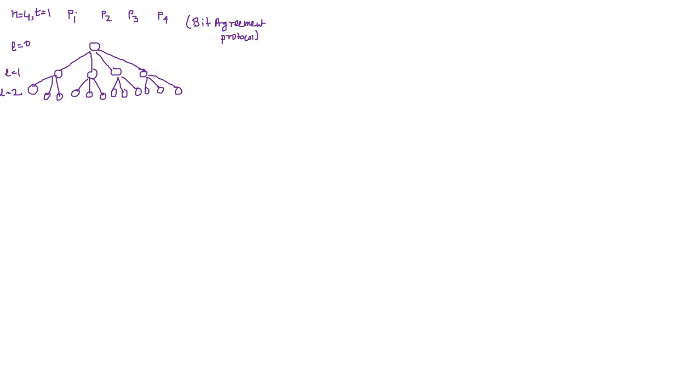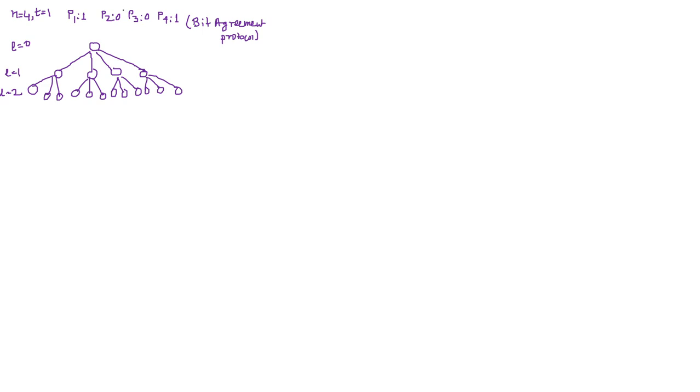So they will start with a bit input. Input can be anything, so we will later see what to do if we have larger length inputs, but for now we start with a bit agreement protocol. Each of the parties will have some initial bit values, and they want to reach some consensus.